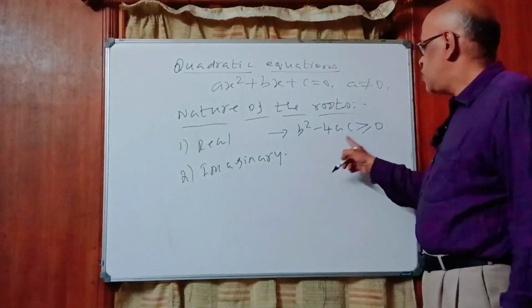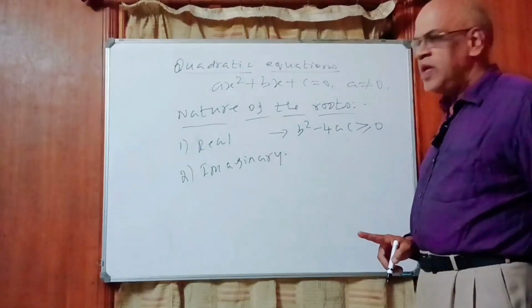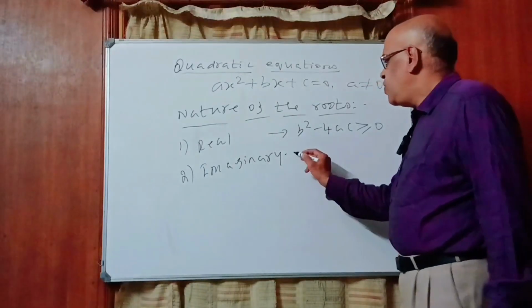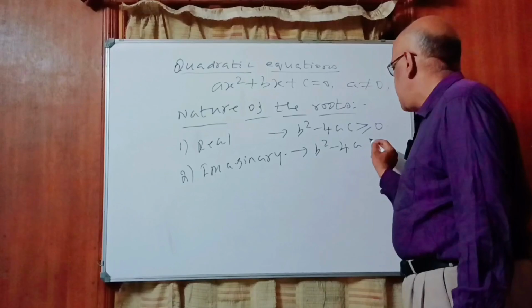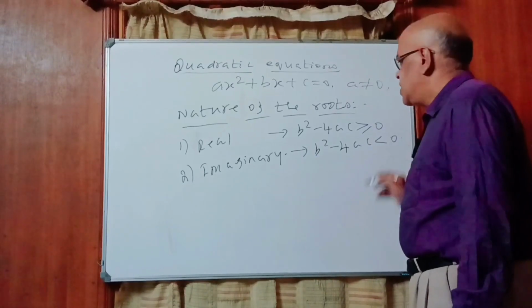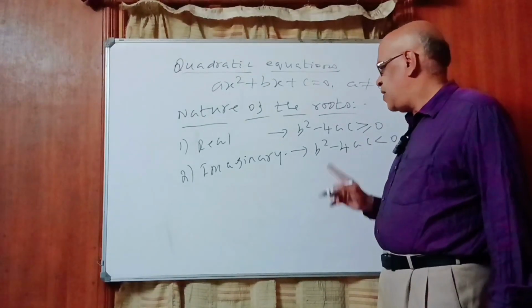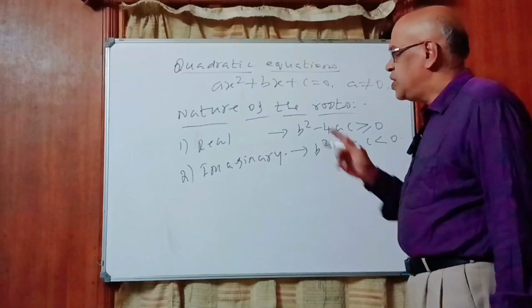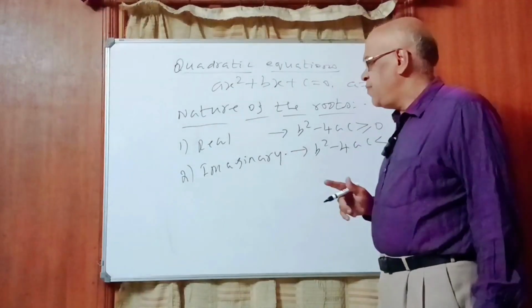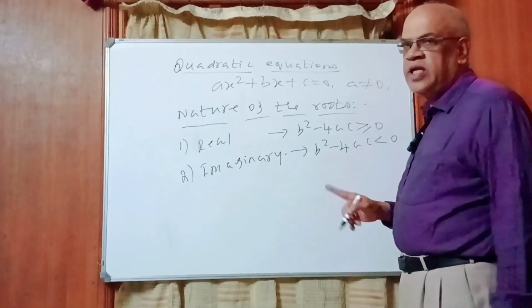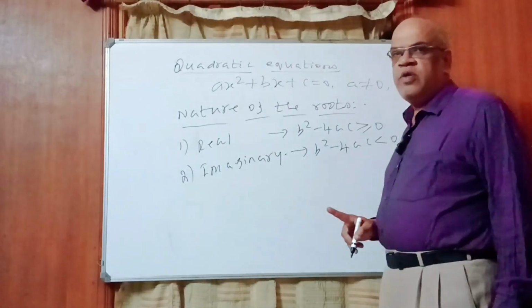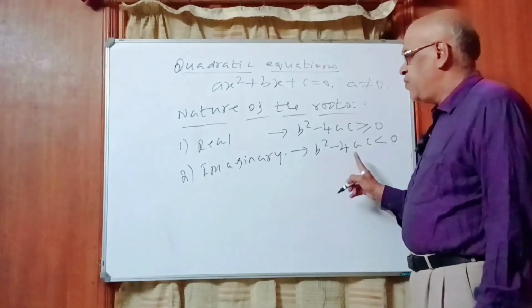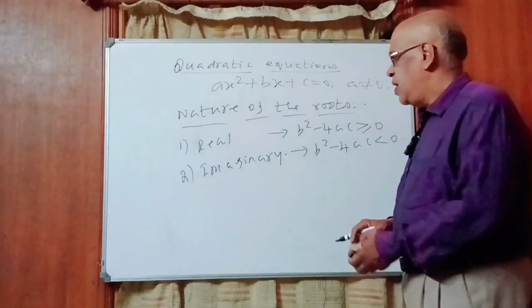That is, discriminant should be greater than or equal to 0. Roots are real. When we say roots are imaginary, b square minus 4ac is less than 0. That is, discriminant is less than 0, because in the formula we saw, children, b square minus 4ac was under root. So less than 0 means negative. Square root of a negative number does not exist. The roots are imaginary.